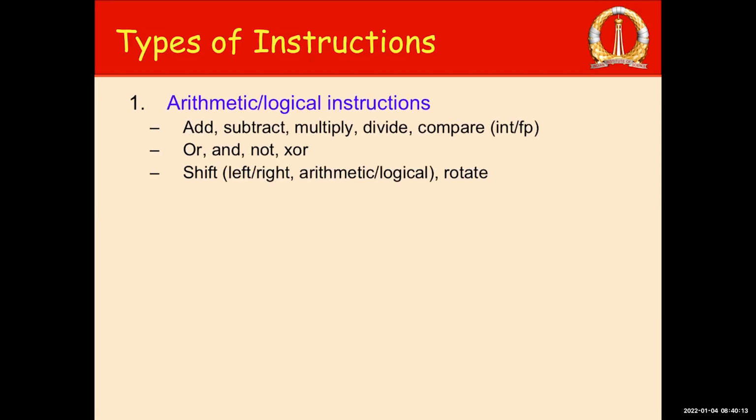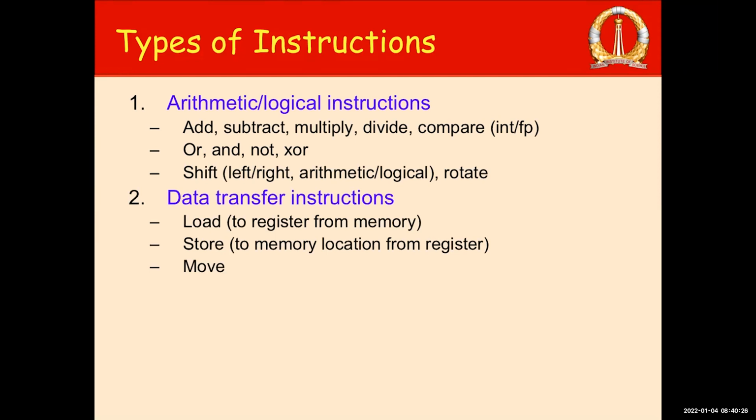These instructions could be arithmetic and logic operations, where you perform add, subtract operations, or logical OR and AND operations, and so on. Or it could be data transfer operations such as loading a value from the memory to a register or storing a value into the memory, and so on.